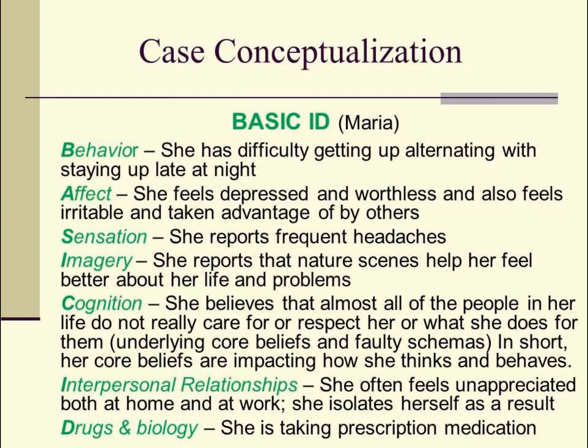Note that the beginning of each letter, such as B for behavior and A for affect, makes up the acronym BASIC ID. Please pause the video to review this more carefully and note how cognition, including core beliefs and faulty schemas, relates directly to the central constructs we just discussed.